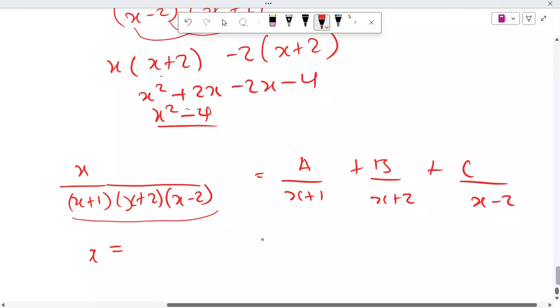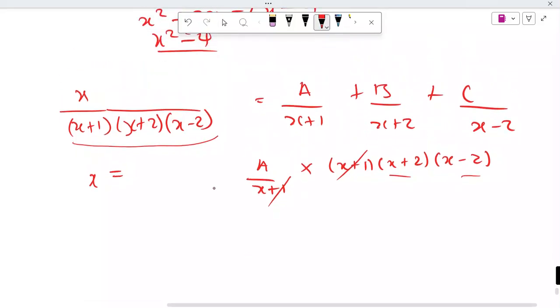Then you have A over x plus 1, you are multiplying with x plus 1, x plus 2, x minus 2. So this and this will cancel, and you are only remaining with these ones.